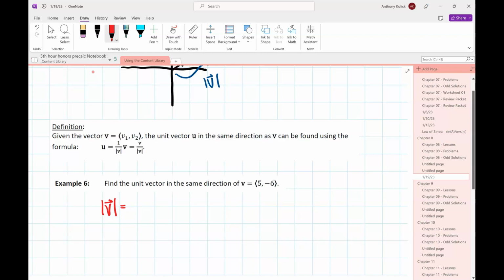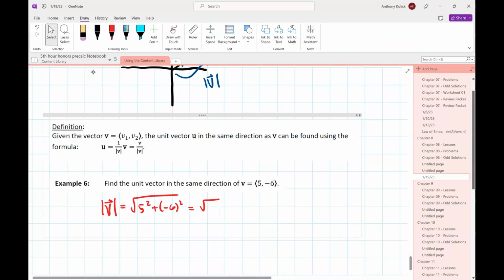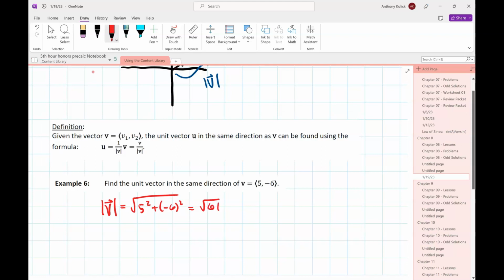The distance formula, or since it's in component form, it's really just the square root of the components squared, right? Oops, not 41. 25 plus 36 is 61. Try again. Everybody's good with that? So to get my unit vector u, I'm going to multiply vector v by 1 over square root 61.